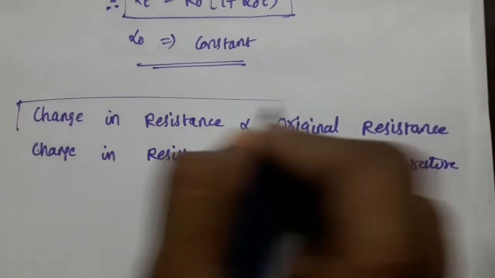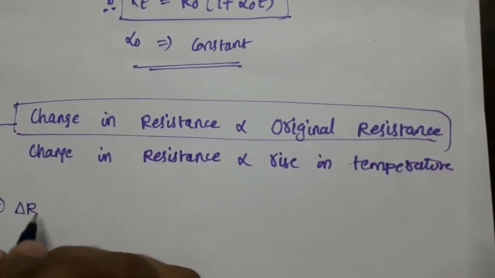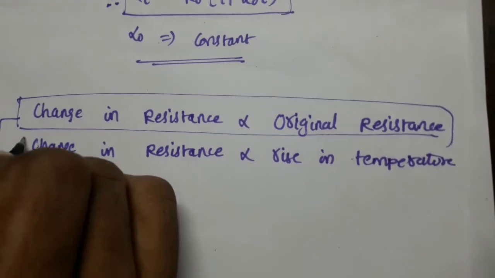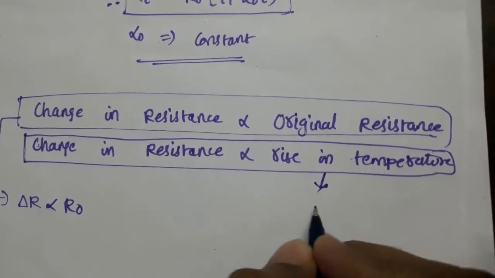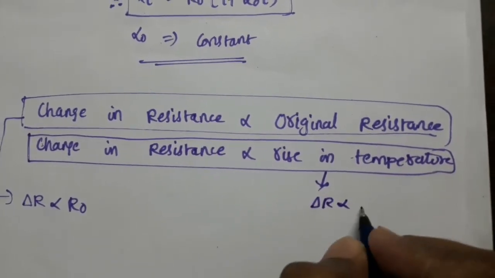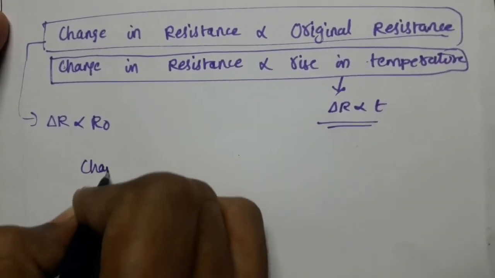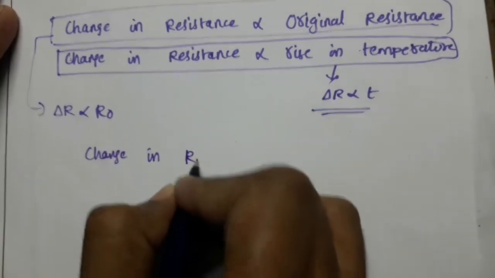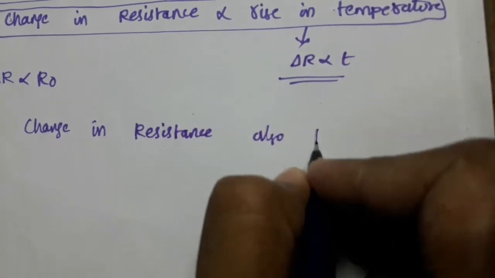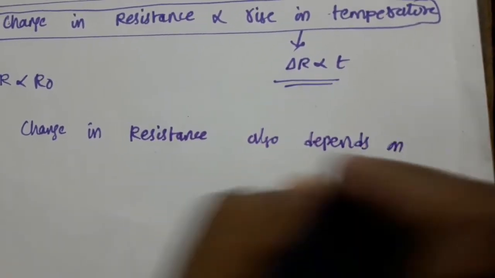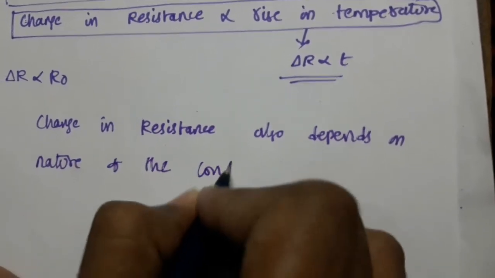From this we get delta R is proportional to R naught, and delta R proportional to T. The change in resistance also depends on the nature of the conductor material.